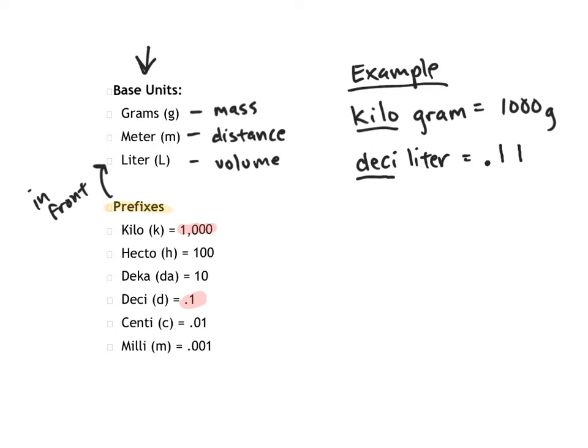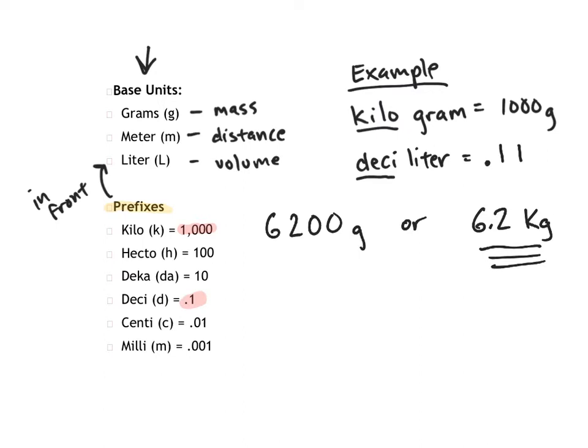Prefixes go in front of our base unit, and we use them to make things simpler. Is it a whole lot easier to say I have 6,200 grams, or is it easier to say I have 6.2 kilograms? We're definitely going to say this is a lot easier to write.